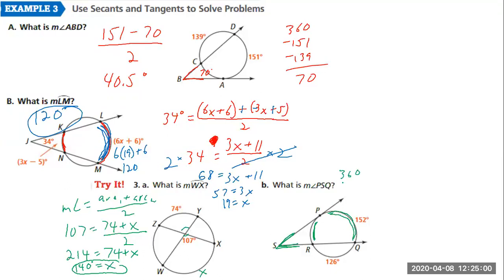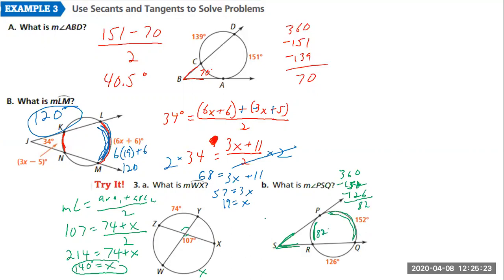So 360 minus 152 minus 126 equals 82. So this arc over here is 82.